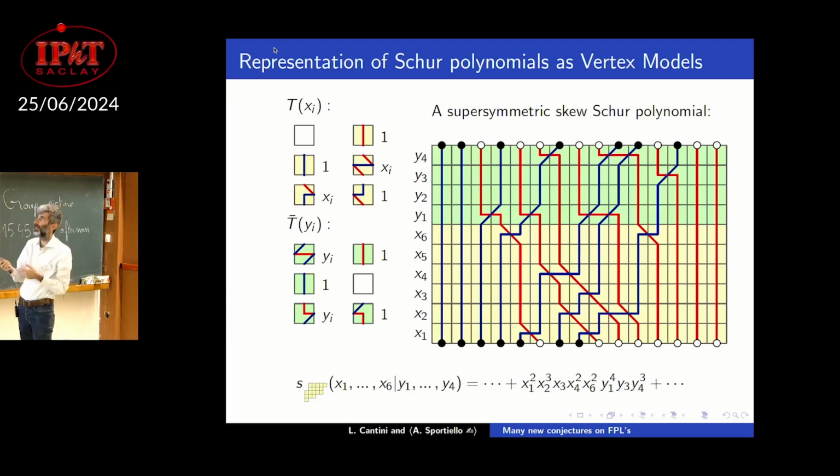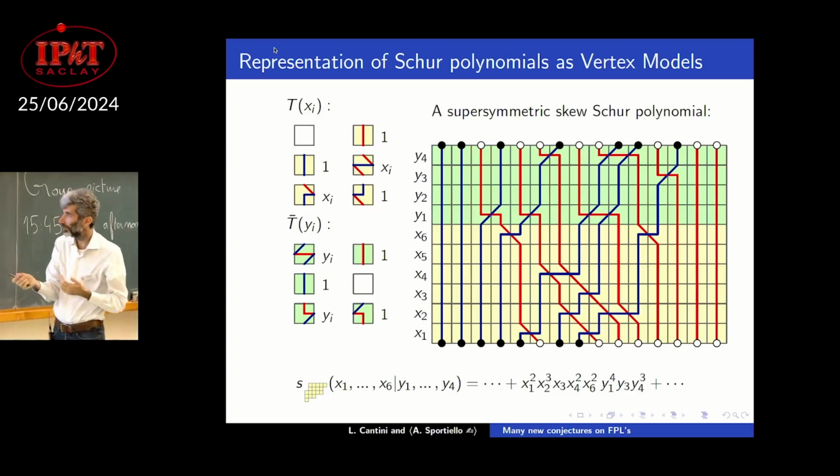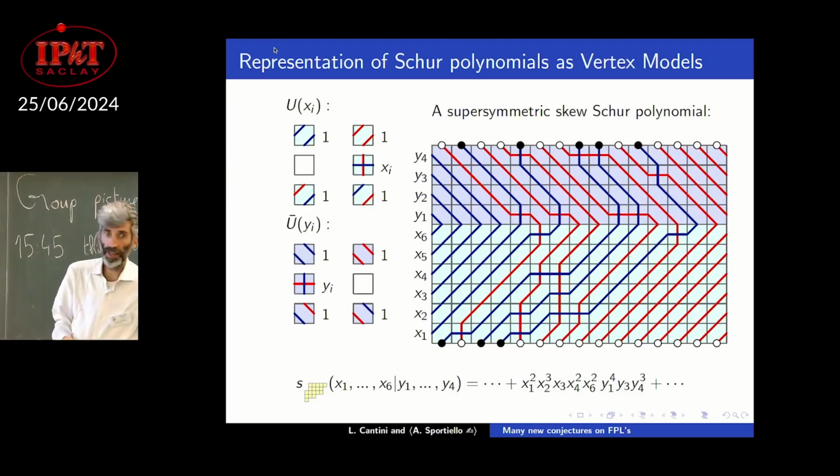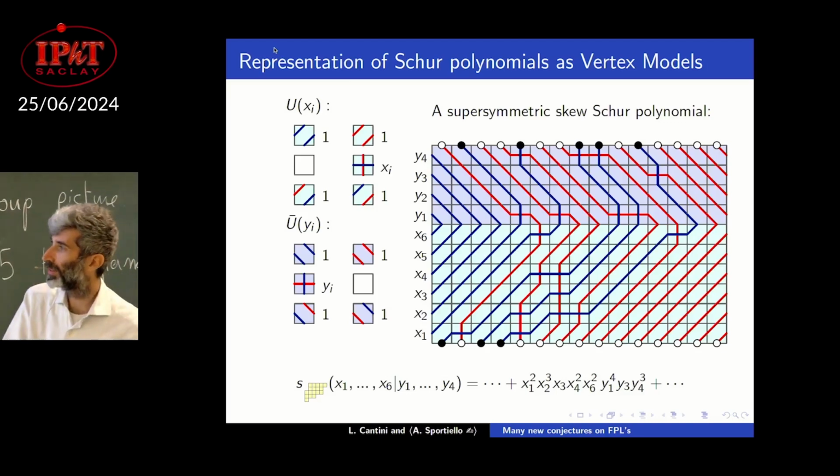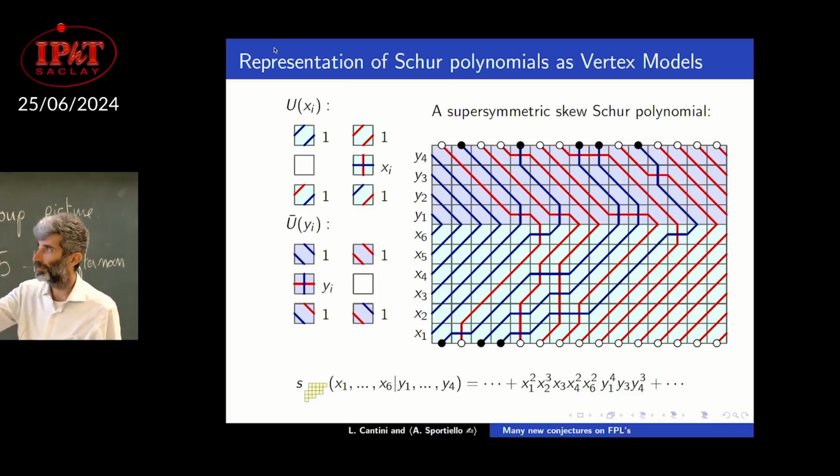And this is telling in one picture, just with a rigid symmetry, that the supersymmetric skew Schur function S_lambda/mu(x|y) is equal to S_lambda'/mu'(y|x). You can't forget that.